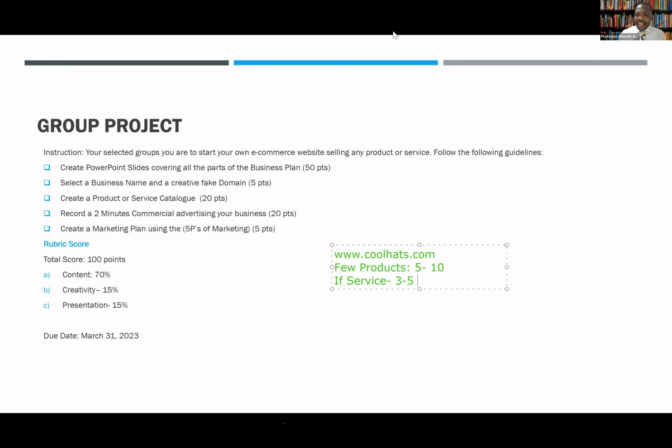And in your groups, using your group leader or anyone that you appoint as a leader to ensure that everyone participates. So in my other lecture, normally my students will assign themselves some of the tasks. So let's say there are 10 people in the group and you have 5 different parts of the assignment.